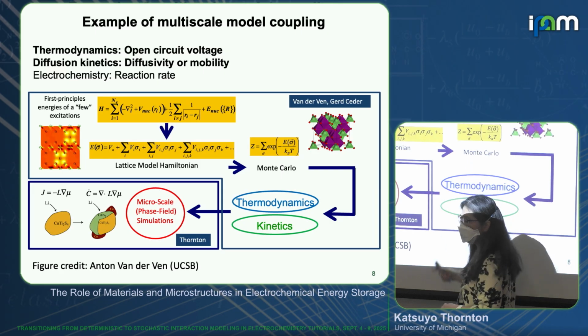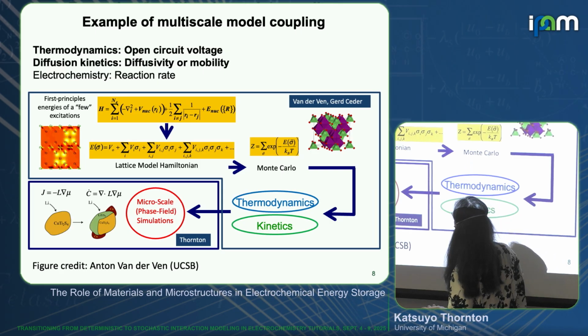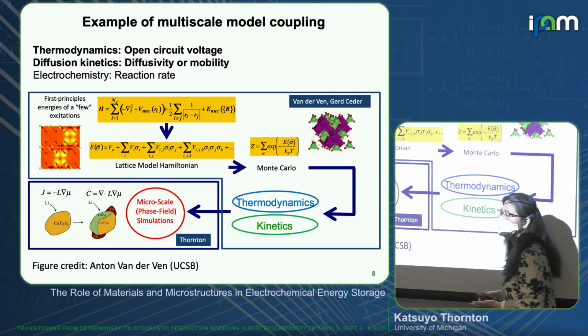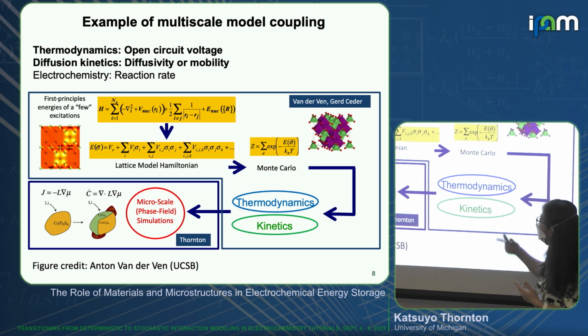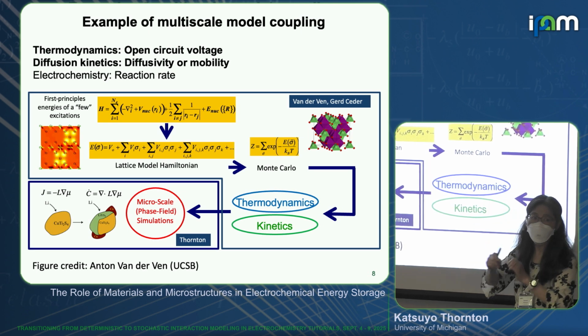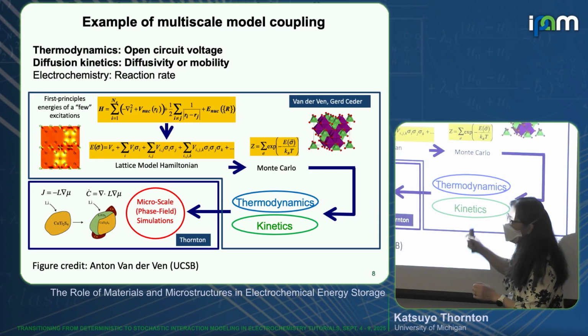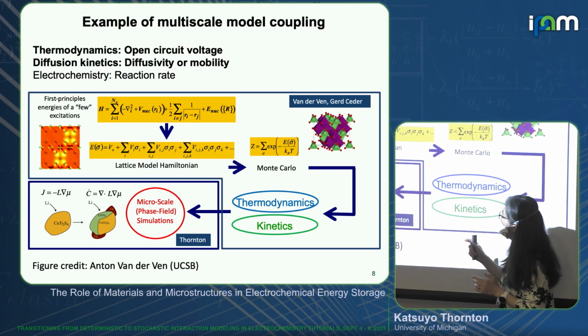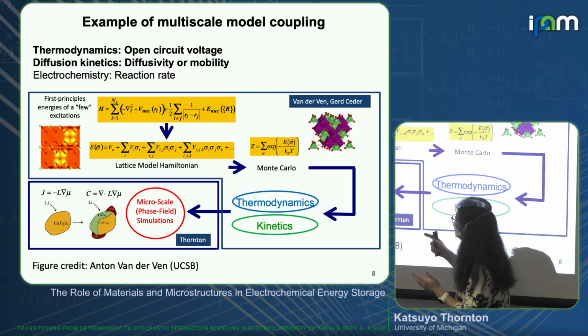So you can actually evaluate the partition function, and then you can use that to evaluate the free energy of the system as a function of the concentration of lithium.